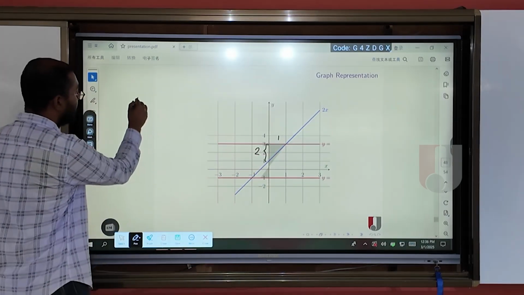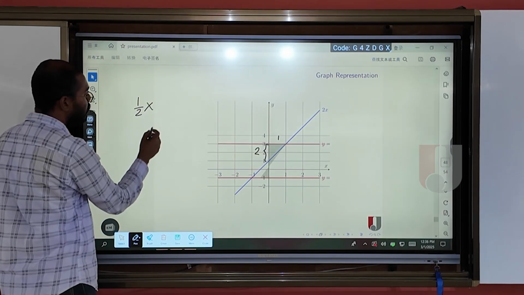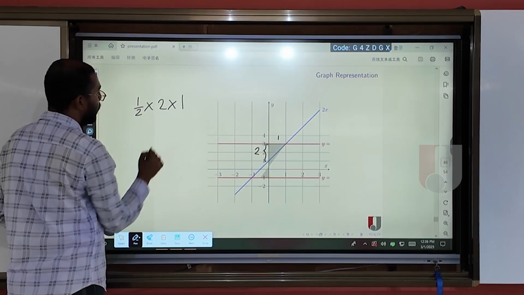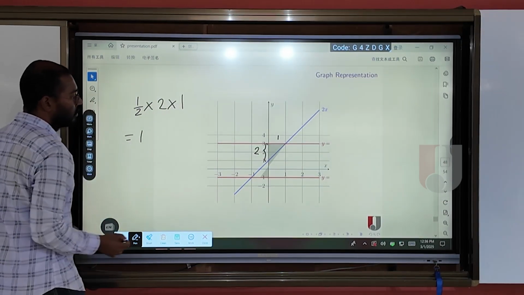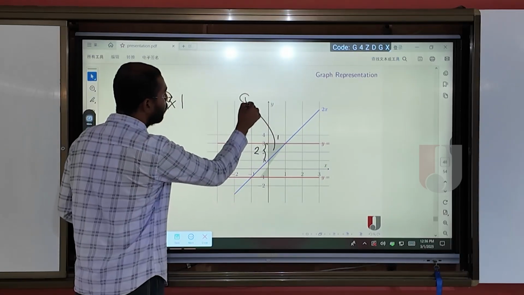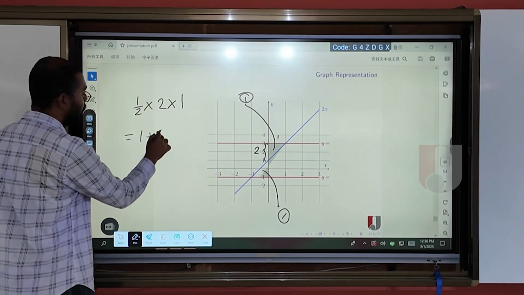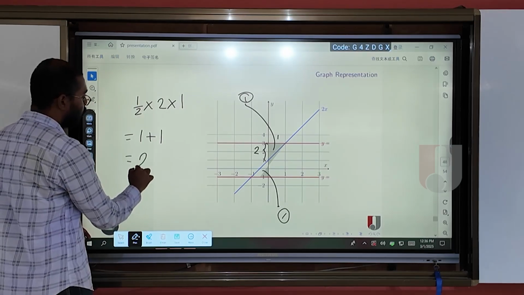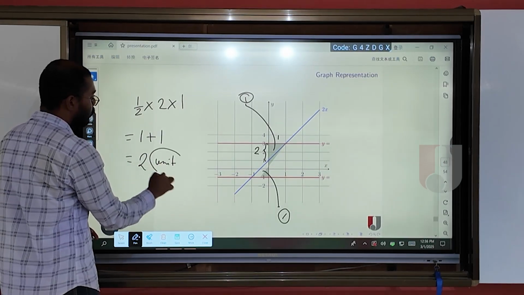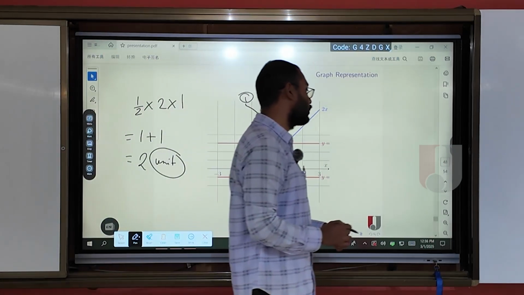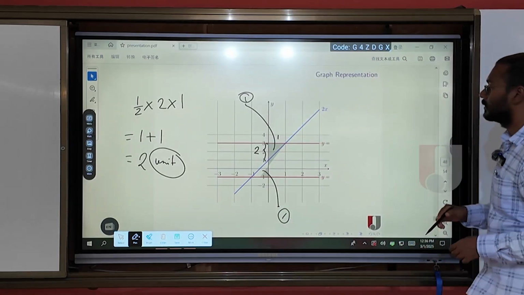So now the area is half into base into height, that is coming 1. So that area is 1 unit, and similarly that area is 1 unit, so the total is 2 unit. That thing also can be solved by this technique.